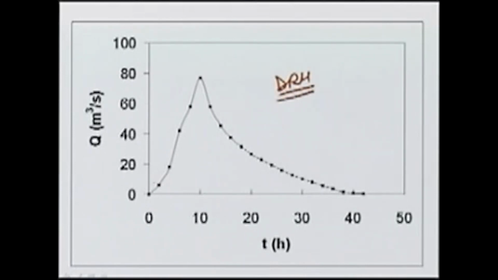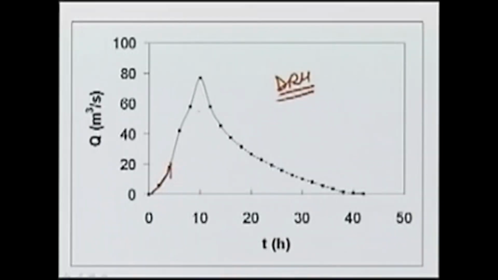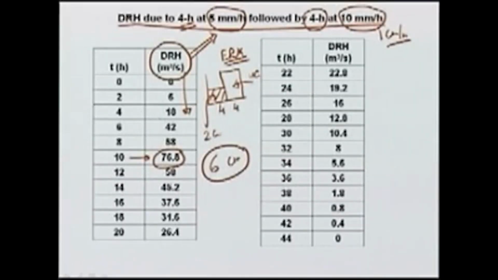If you see this curve, up to 4 hours there will be no change compared to the 4 hour UH, but then since another rainfall occurs, we will have this variation, which means that we will have a sum of rainfall ordinate or the DRH ordinate.